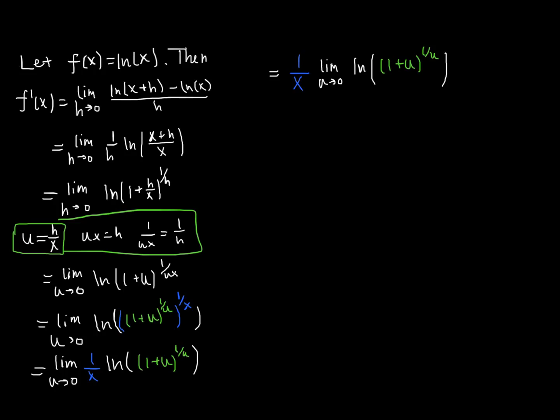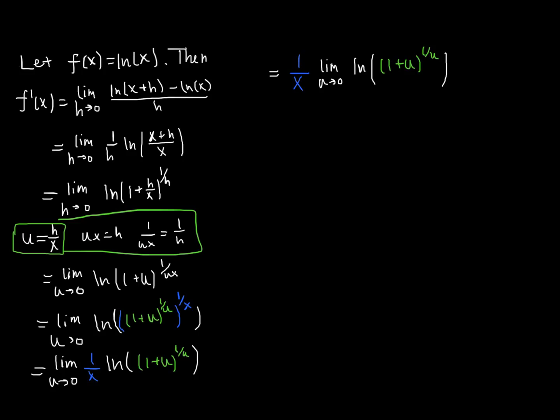Because remember that when we started off and we looked at, I think it was at this point over here, we said this looks eerily similar to the limit that I used to actually compute e. And this is looking even more similar.